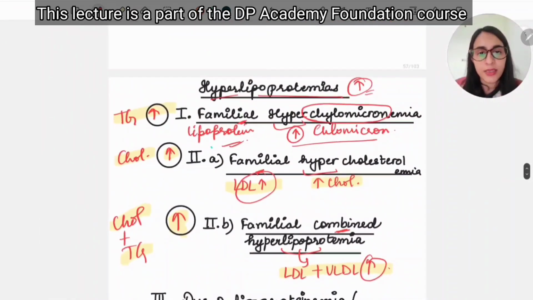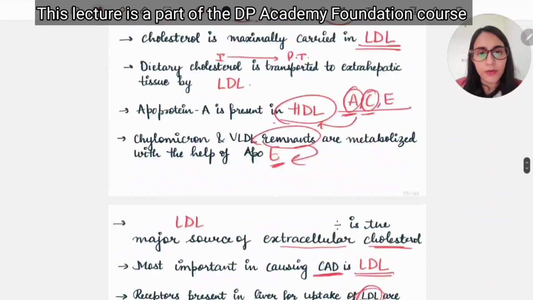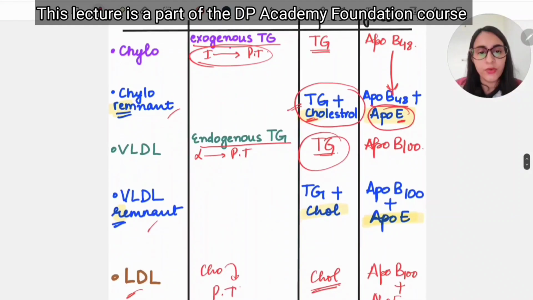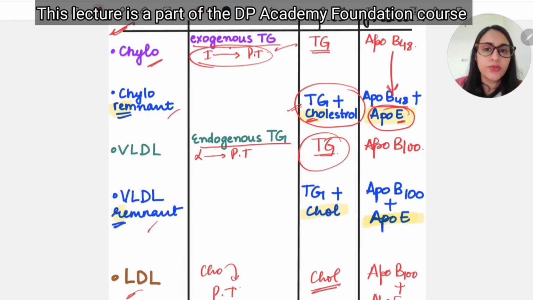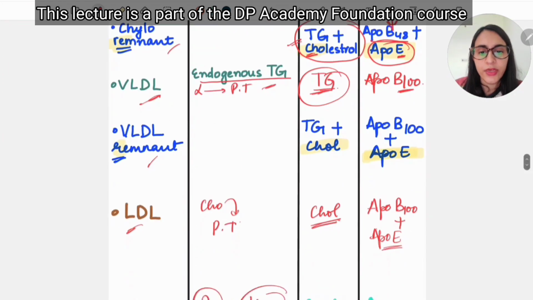Again, you need to remember this table very well, and you have to memorize this table also. You need to practice this table in which chylomicron, we know, is the exogenous fat, with ApoB48, and these are the triglyceride. VLDL is an endogenous fat, again triglyceride, with ApoB100.